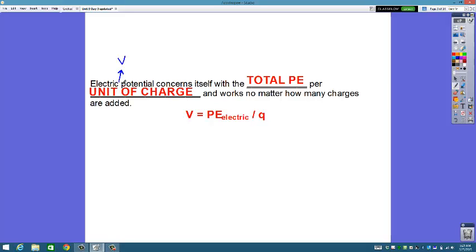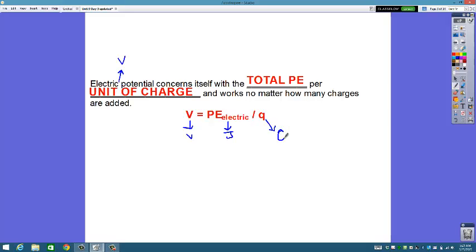Because we factor in this unit of charge, the unit for voltage is V. Remember that the unit for potential energy is joules. And the unit for charge is still coulombs, okay? So you're really going to want to know your units.